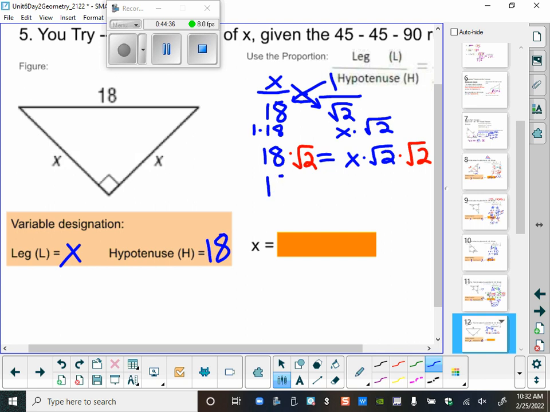Which is 18 square root of 2. It's 2x. Very good. Because square root of 2 times square root of 2 is just 2. So you would have x times 2, or 2 times x, or 2x.